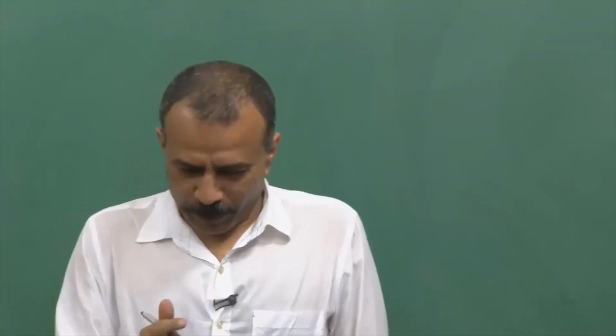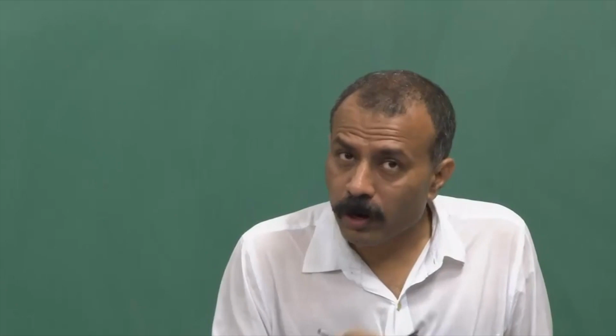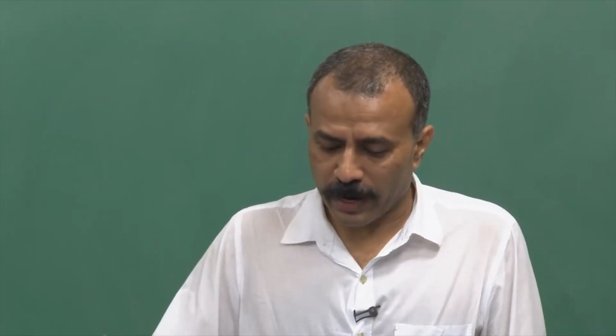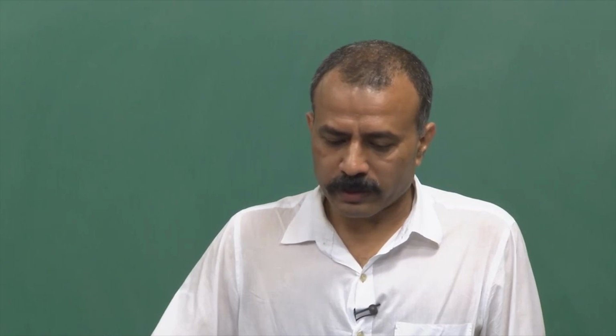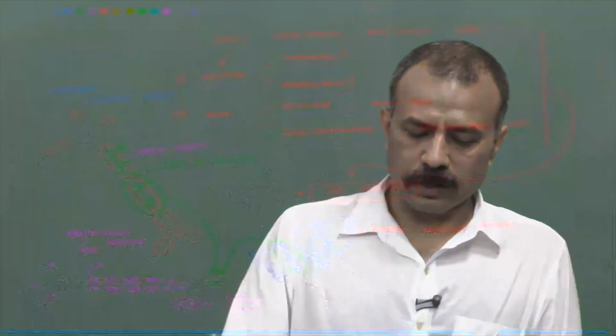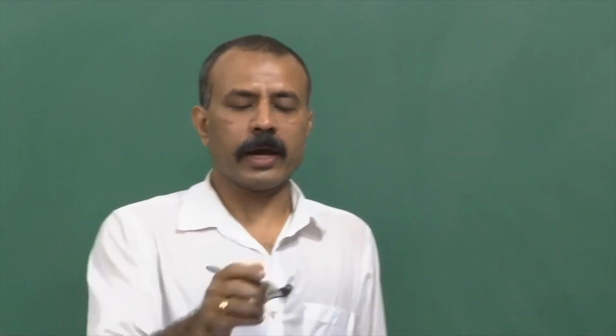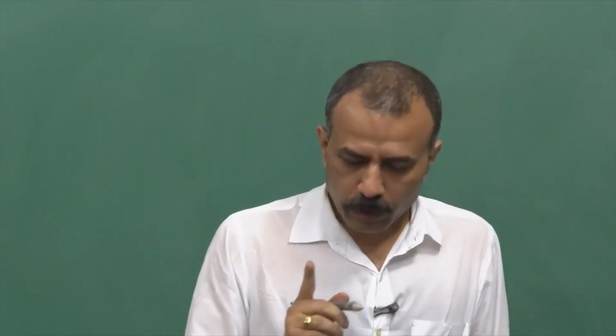Having said this, this is one part of the problem where we started. Let us go back and not lose track of it, because I have digressed a bit. This was the problem I am supposed to target, but it will take me another couple of classes before I hit upon that problem.